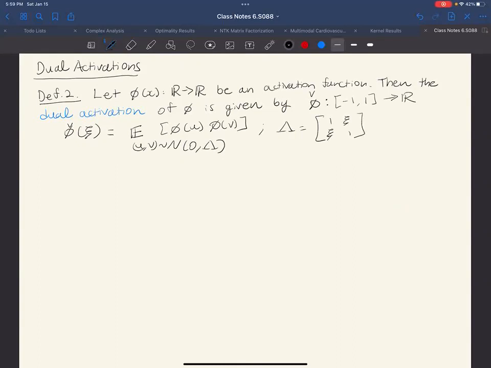Okay, so this already immediately looks extremely similar to proposition 1 here, which was telling us a simple form for the neural network Gaussian process. But the interesting thing is that we no longer, remember in the NNGP, we had lambda, which looked like norm x squared, x transpose x tilde, x transpose x tilde, norm x tilde squared.